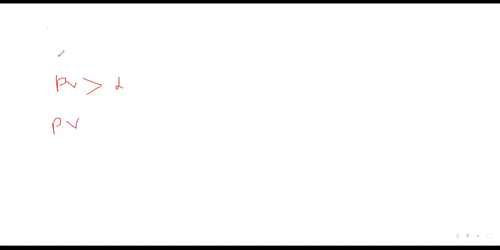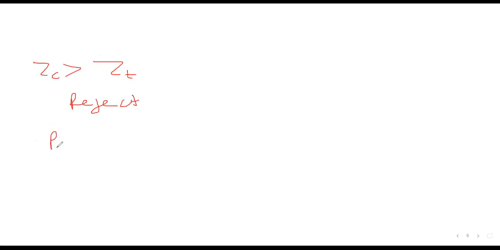Whereas the z, we just compare them like this. If the z calculated is greater than the z from the table, what do we do? Reject. If the p-value is greater than the alpha, we accept. They just work in opposite.